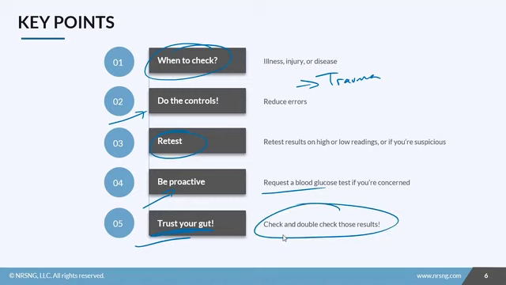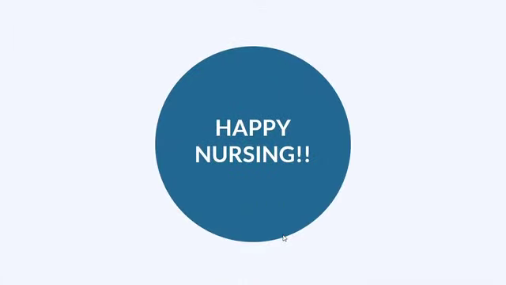Double check those values. If you don't think you're accurate, if we need to send them off to the lab, we can. Just check your patient. If your patient's symptoms match up with the blood sugar, go ahead and treat. But if there's something that you are not anticipating, then get your providers involved and double check those results if you need to. That's it for our lesson on glucose monitoring.